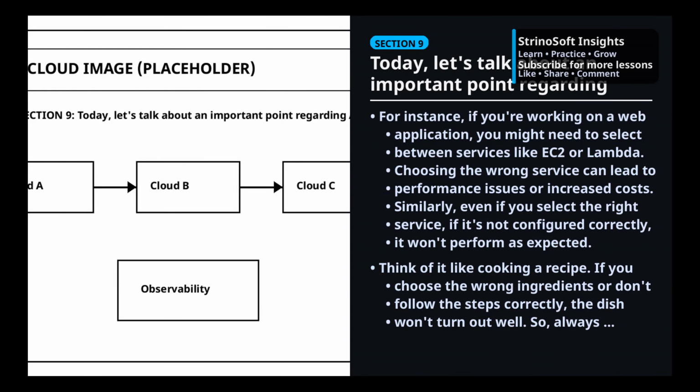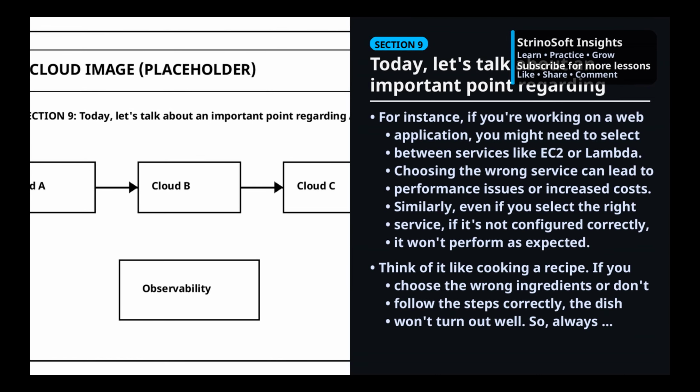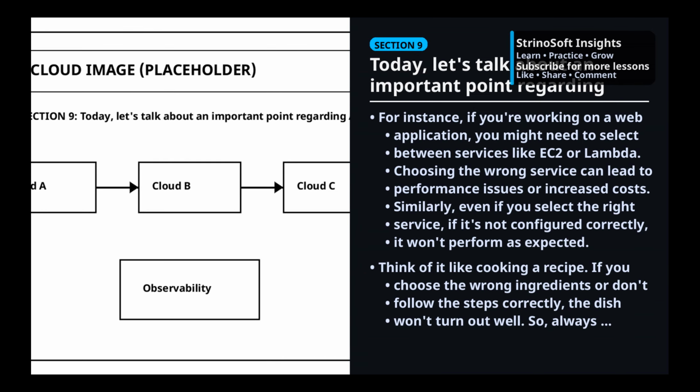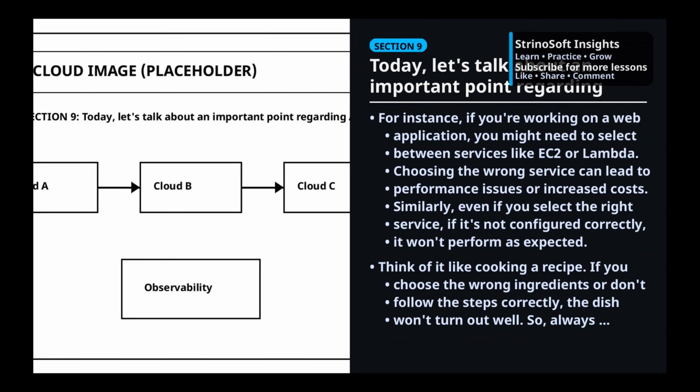For instance, if you're working on a web application, you might need to select between services like EC2 or Lambda. Choosing the wrong service can lead to performance issues or increased costs. Similarly, even if you select the right service, if it's not configured correctly, it won't perform as expected.